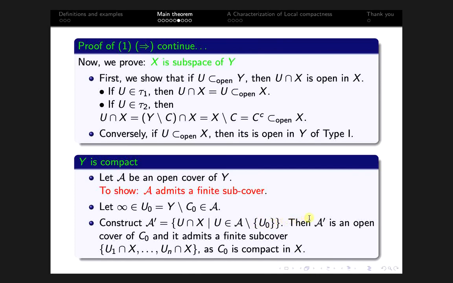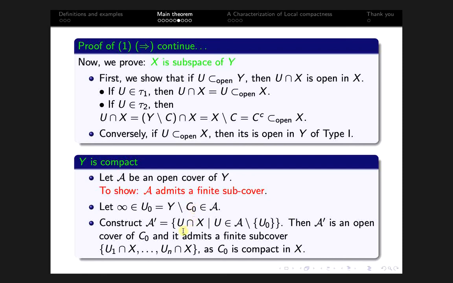Okay, then it is easy to see that A prime is an open cover of C naught, and C naught is compact in X, therefore it admits a finite subcover, let's say U1 intersection X and so on, Un intersection X. This is a finite subcollection of A prime covering C naught, because C naught is compact in X, and this is a collection of open subsets in X which is a covering of C naught.